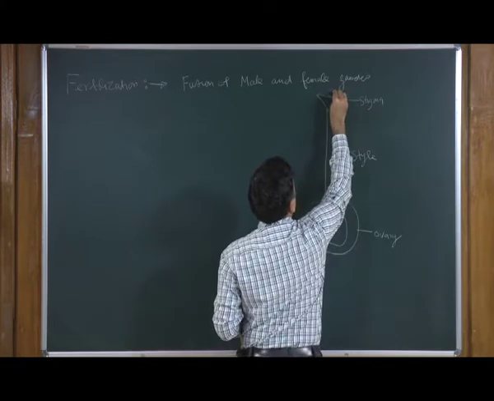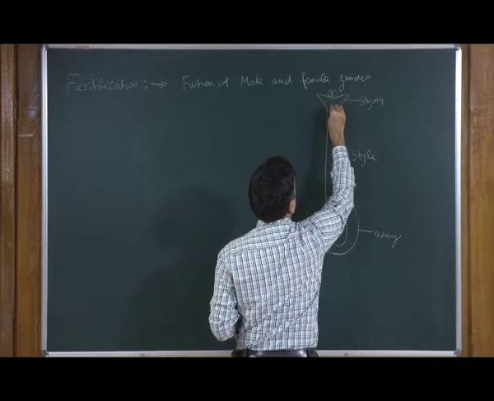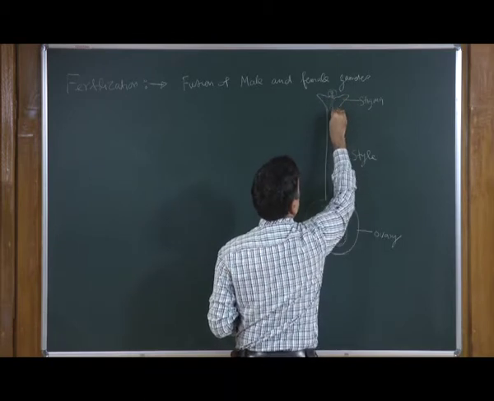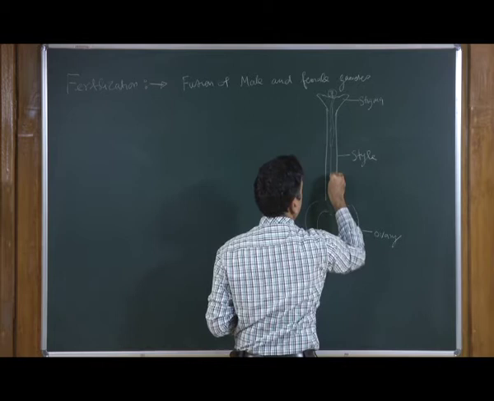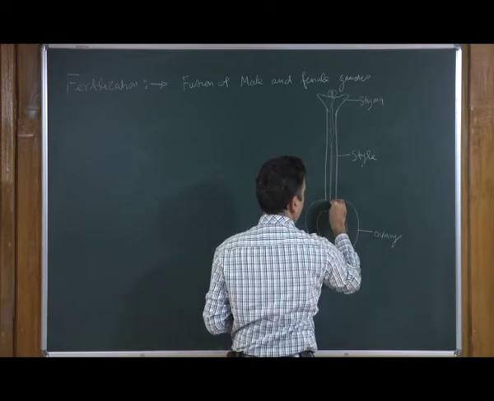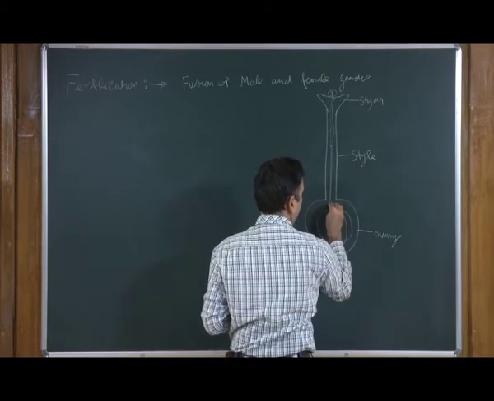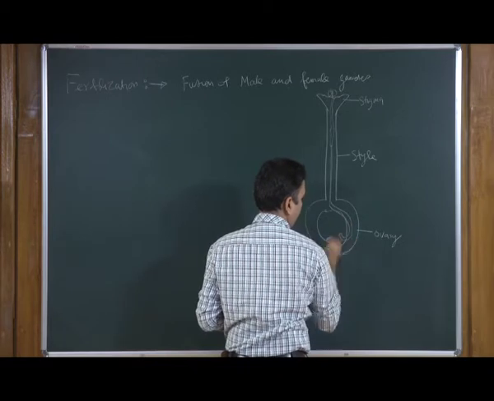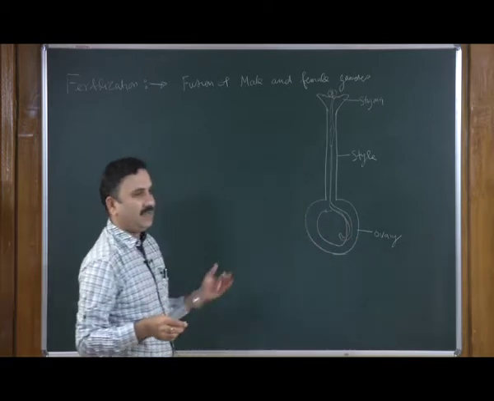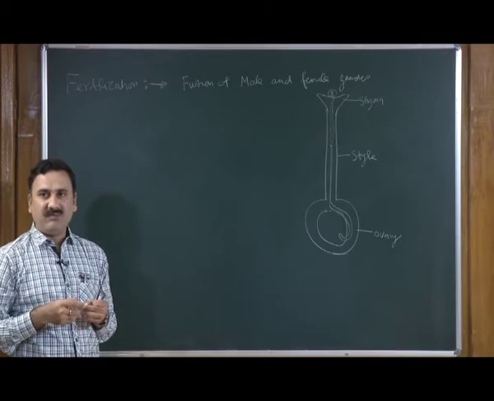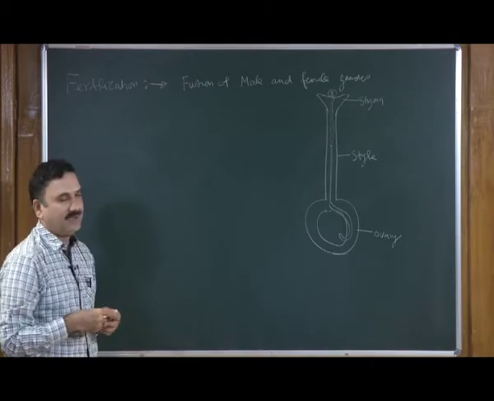Normally the pollen grains fall here, and then pollen tubes travel within the style, reach the ovary, and eventually reach the ovule, and then release the male gametes, and that is how it facilitates the fertilization.